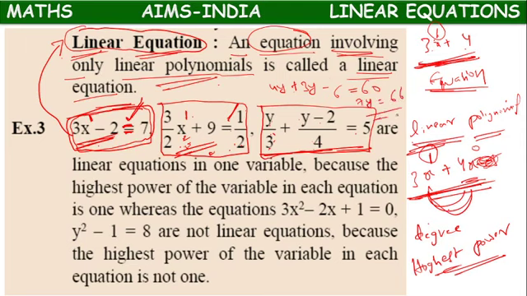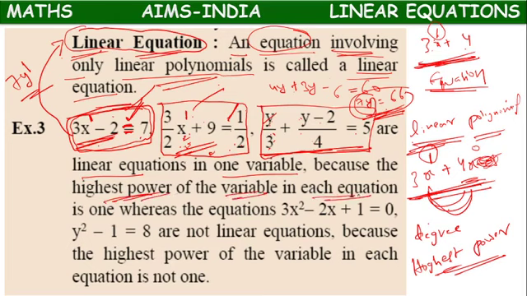So 7y. What is the highest power here? In 7y, it is 1 only. So it's a linear polynomial, and 7y equals 66 is there, so it's a linear equation. So these three are linear equations in one variable. In the first two equations, x is the variable; in the third equation, y is the variable. In all three examples, the highest power of the variable in each equation is 1.